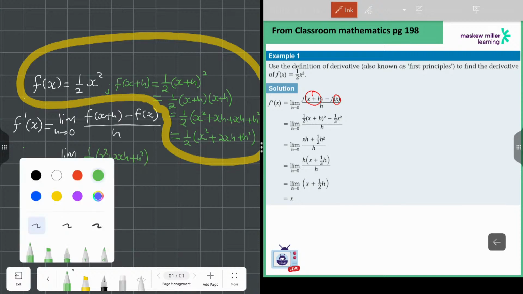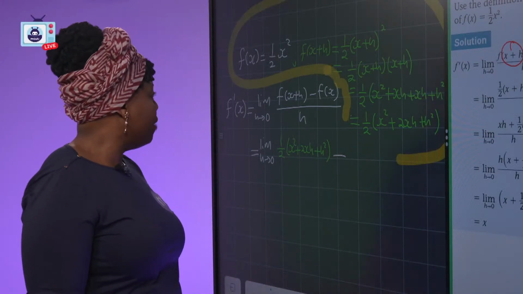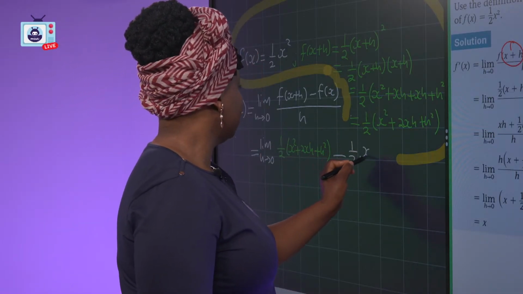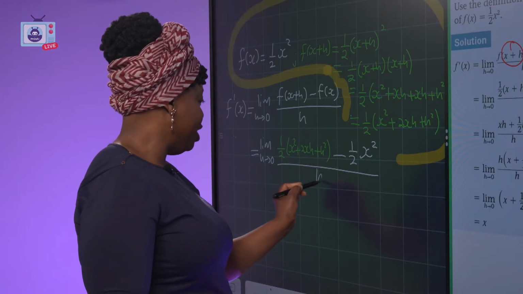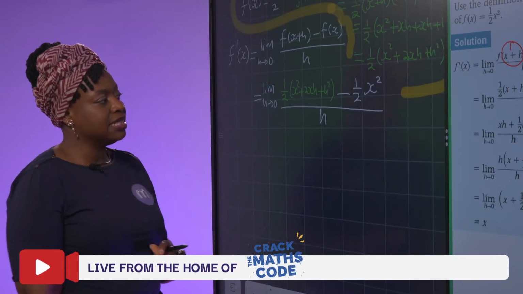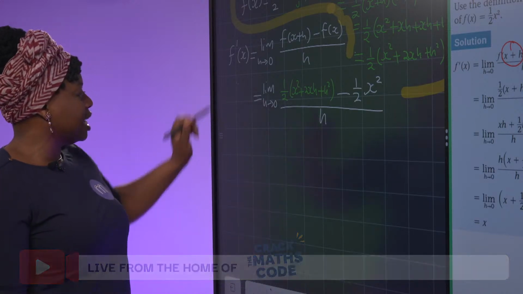And then we subtract that with the f of x, which is given as a half x squared. Then we divide the whole of this by h, just as it is in the formula, and that's how you answer that question, or you write it in that second step.